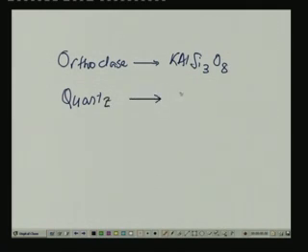Quartz has a chemical formula of simply SiO2. You can see that this clearly shows how the oxygen as a percentage of silica changes as you climb down the Bowen's reaction series. So this is the direction.